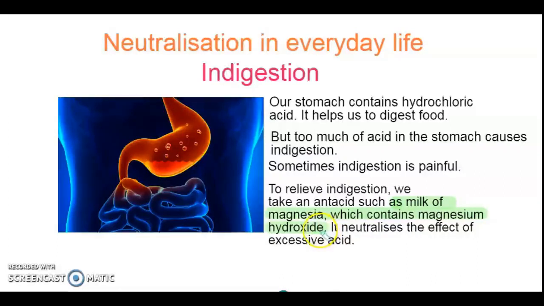What do they do? They are bases which are added to this acid, and what does it do? It neutralizes the effect of acid. So after having the milk of magnesia or the ENO, you feel more comfortable. So in this process also, neutralization takes place.